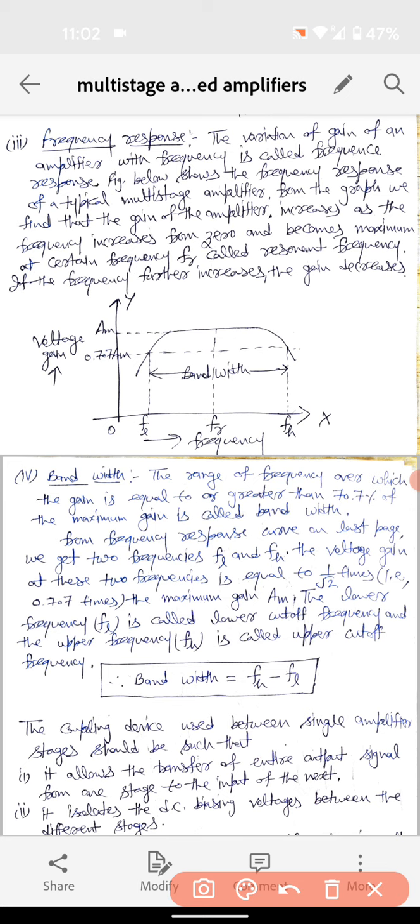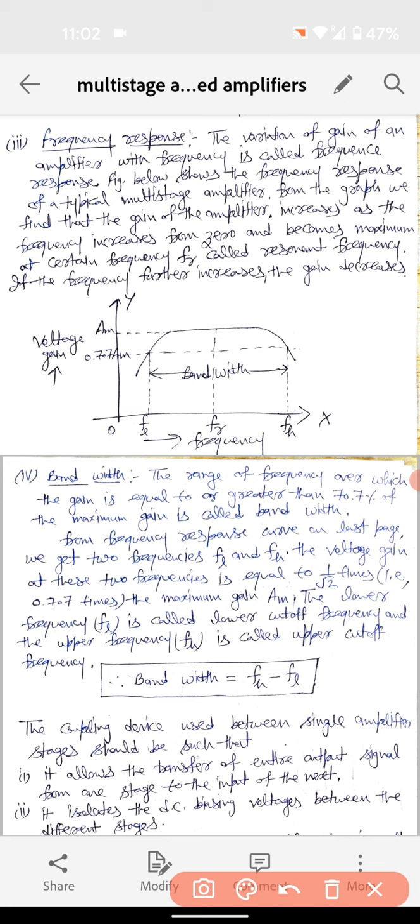Then we define one more important term regarding this, which is bandwidth. And what is bandwidth? Here in this figure we have observed the frequencies at which the gain starts decreasing. Or say the frequency range over which the gain is equal to or greater than 70.7% of the maximum gain is called bandwidth.